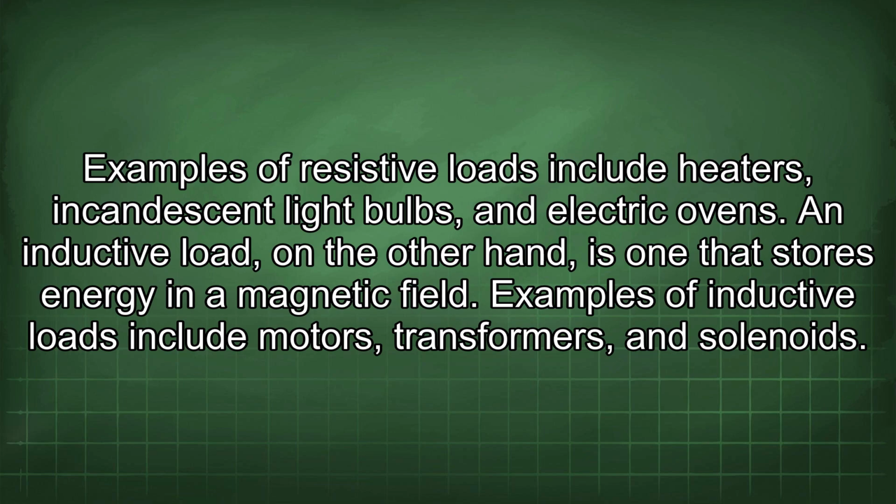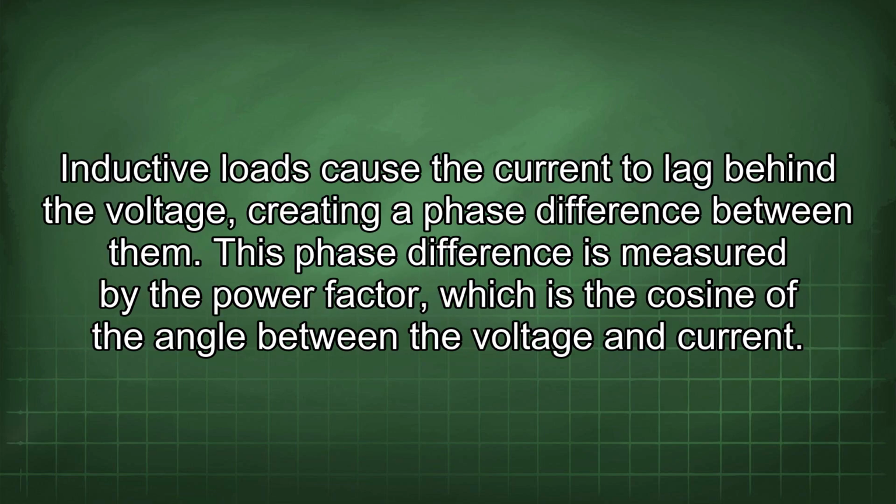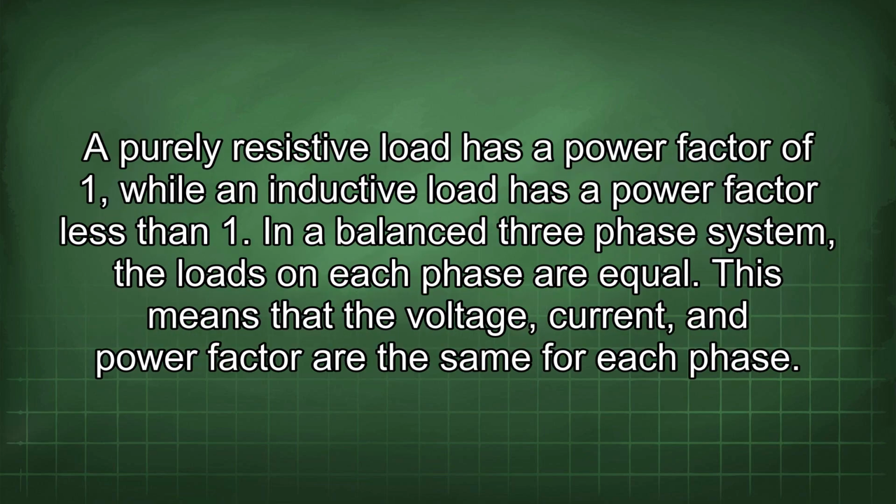Examples of inductive loads include motors, transformers, and solenoids. Inductive loads cause the current to lag behind the voltage, creating a phase difference between them. This phase difference is measured by the power factor, which is the cosine of the angle between the voltage and current. A purely resistive load has a power factor of 1, while an inductive load has a power factor less than 1.